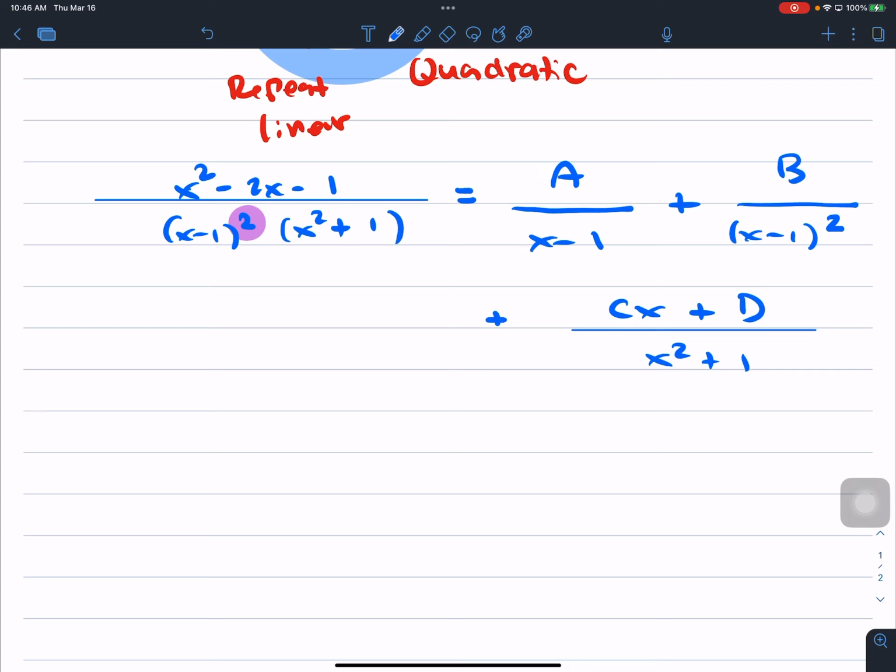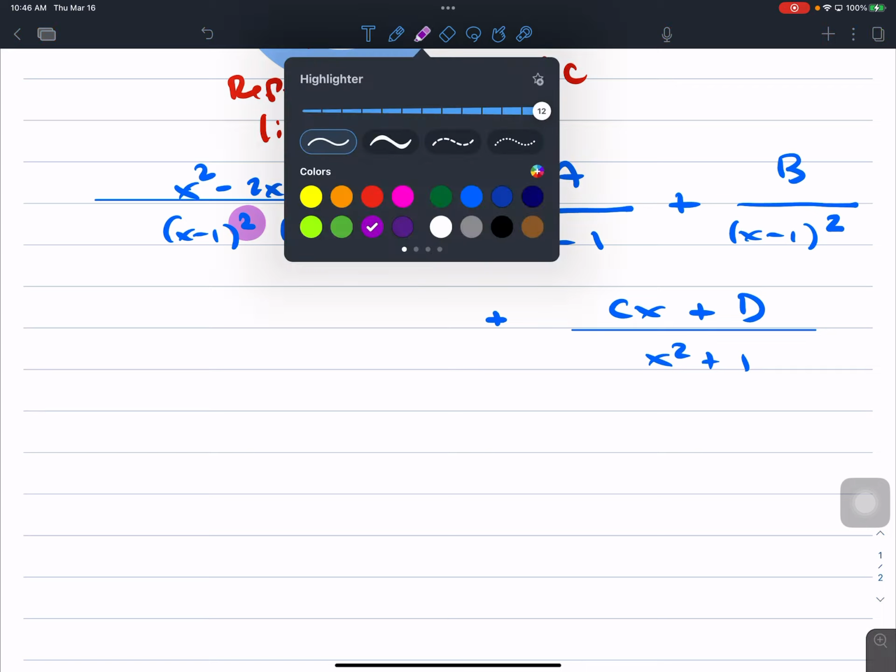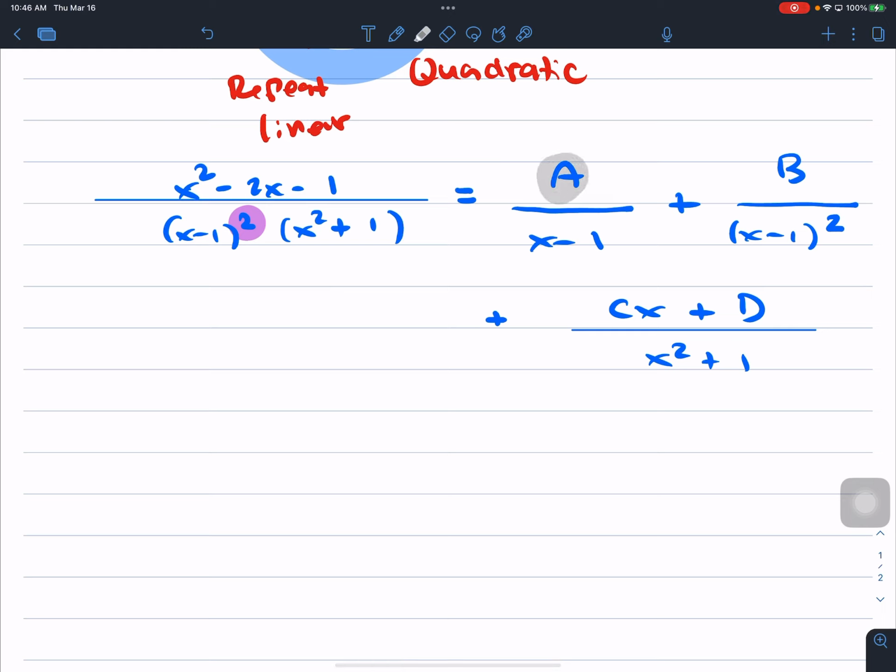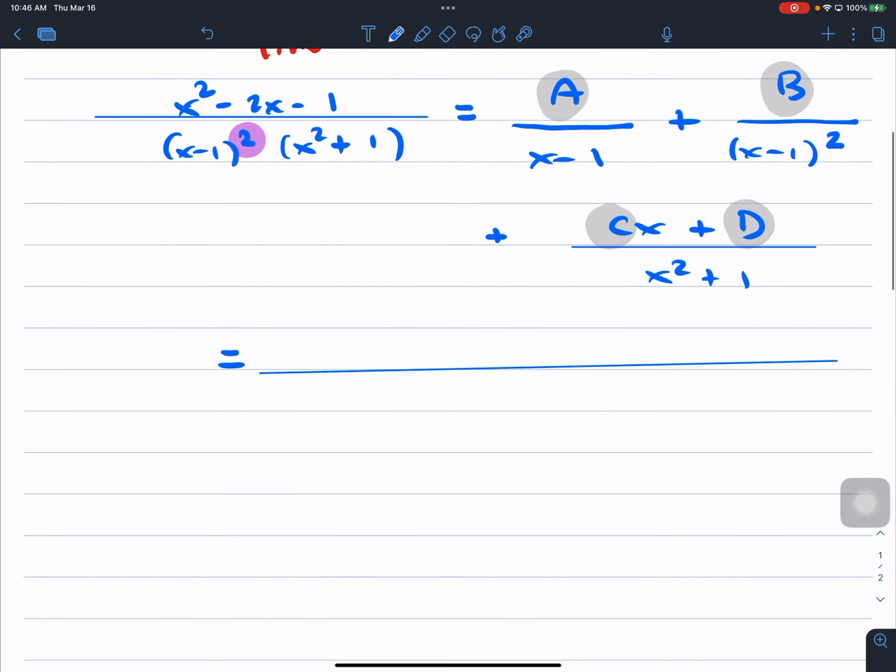So now, I hate to break the news, but now we have how many constants to find? 4. Okay, we've got 4 constants to find. Now, what do you guys do here? Do you remember how to do this?